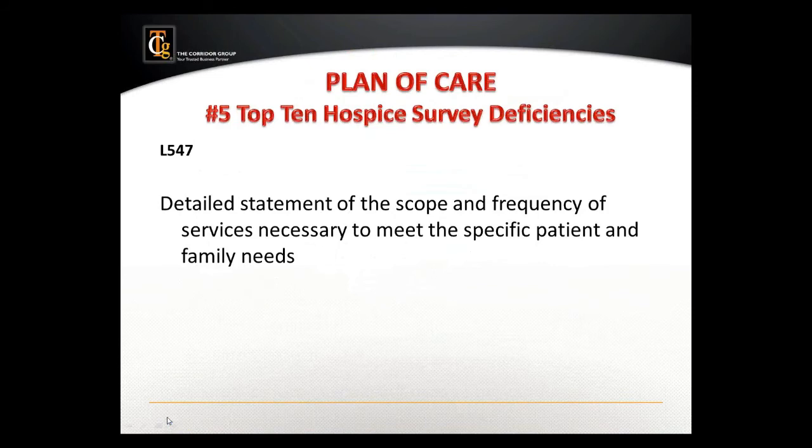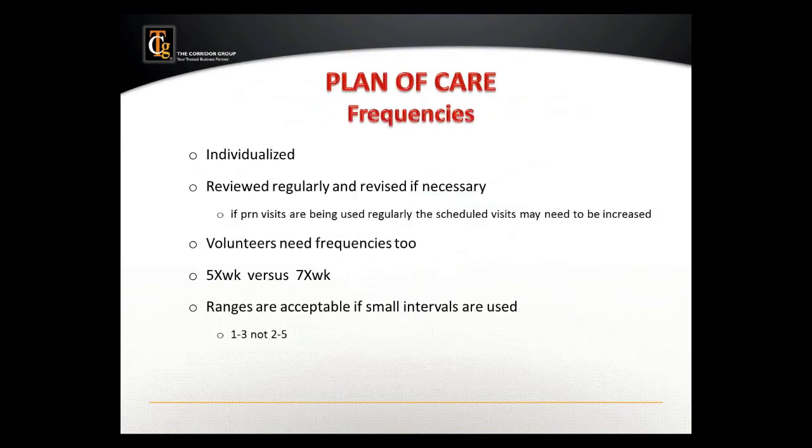Okay, detailed scope and frequency. This in and of itself is one of the survey deficiencies. At L547, we are required to have a detailed statement of the scope and frequency of services that are necessary to meet the specific patient and family needs, and we need to talk about those frequencies. They must be individualized, which means that they are based upon the patient's unique needs.